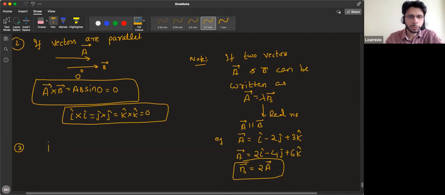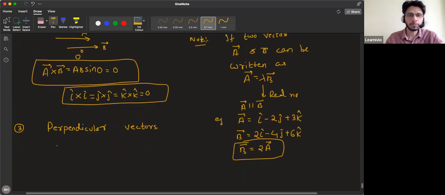See, the third is perpendicular vectors. What will happen if your vectors are perpendicular? If vectors are perpendicular, the angle between them is 90 degrees.